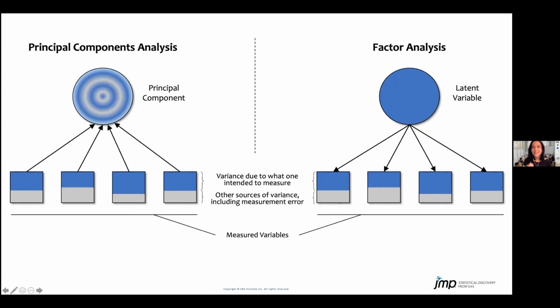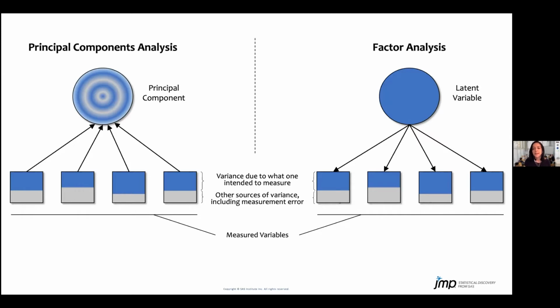So that's the signal, what we really wanted to capture when we measured whatever it is we were trying to measure, all right? And in turn, we have another proportion of area in these squares that is gray, and that's basically all the other sources of variance. And that's going to include measurement error and other systematic sources of variance that are simply not what we intended to measure.